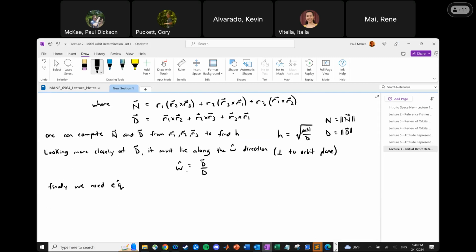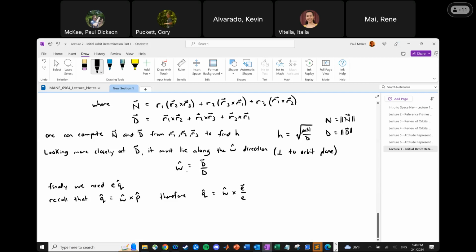So recall that the Q direction is just what happens when you take the W direction crossed with the P direction, right? So therefore, Q is W crossed with, remember, P is the direction that we get from the eccentricity vector. So P is really eccentricity divided by its own magnitude.